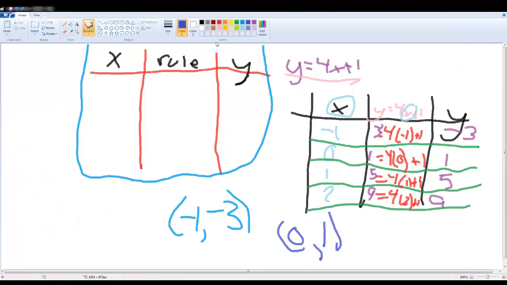And then 1 and 5: (1, 5). And then 2 and 9: (2, 9).